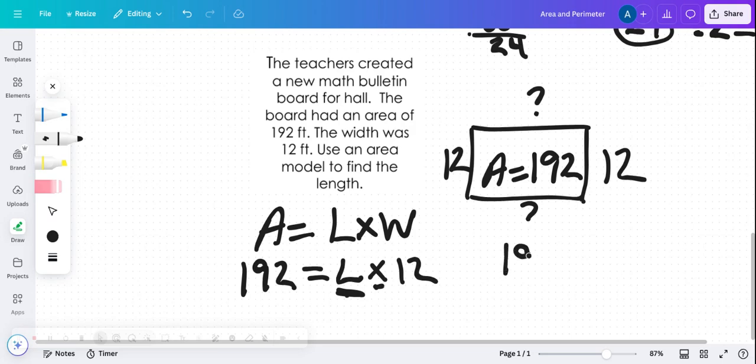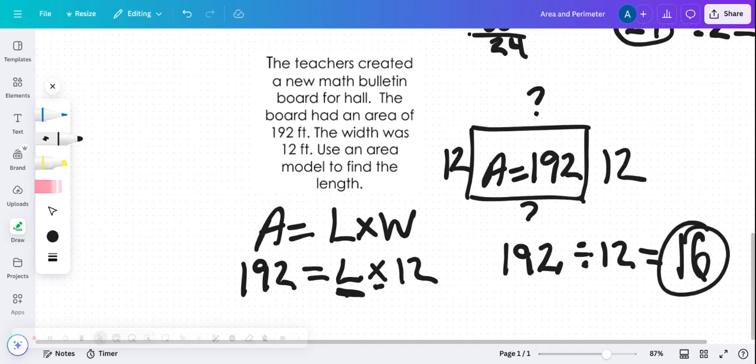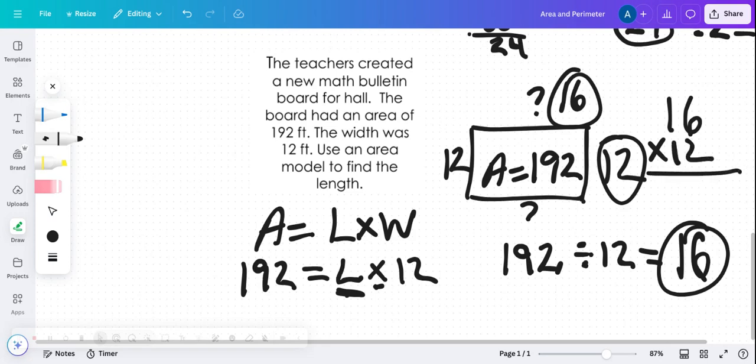So we're going to do 192 divided by 12. And when you use your strategy of a big 7, you'll end up realizing that 192 divided by 12 is going to equal 16. So that makes our missing length 16. Then the way we can check it is to multiply our two parts, 16 times 12, and we see that it does equal 192, which checks back to our area.